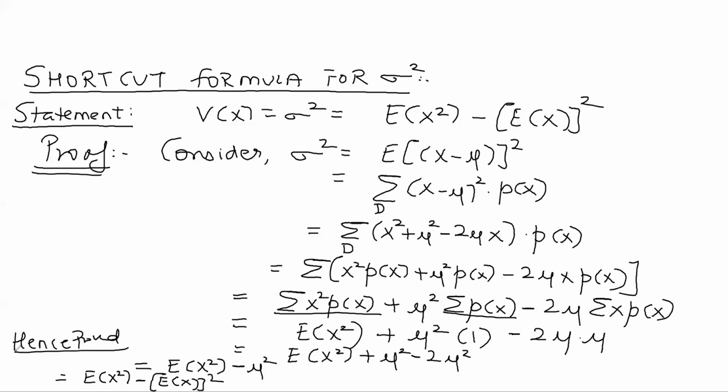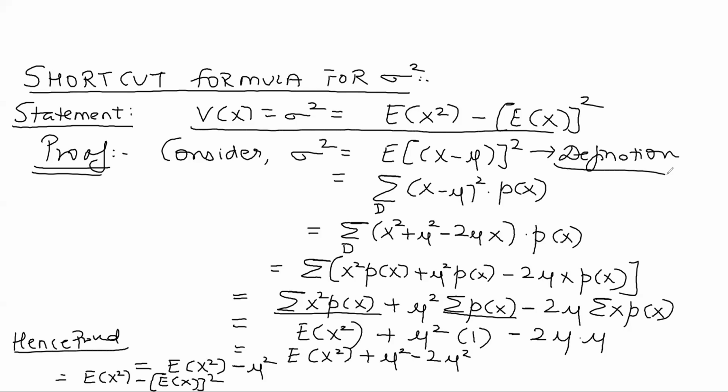I hope all students are clear with the proof. We started with the definition. What's the definition? This is the definition. We started with the definition and we have derived the shortcut formula. So in the exam, you don't need to find the answer using the definition. You can just use this formula to find variance. It's expected value of x square minus expected value of x whole square.